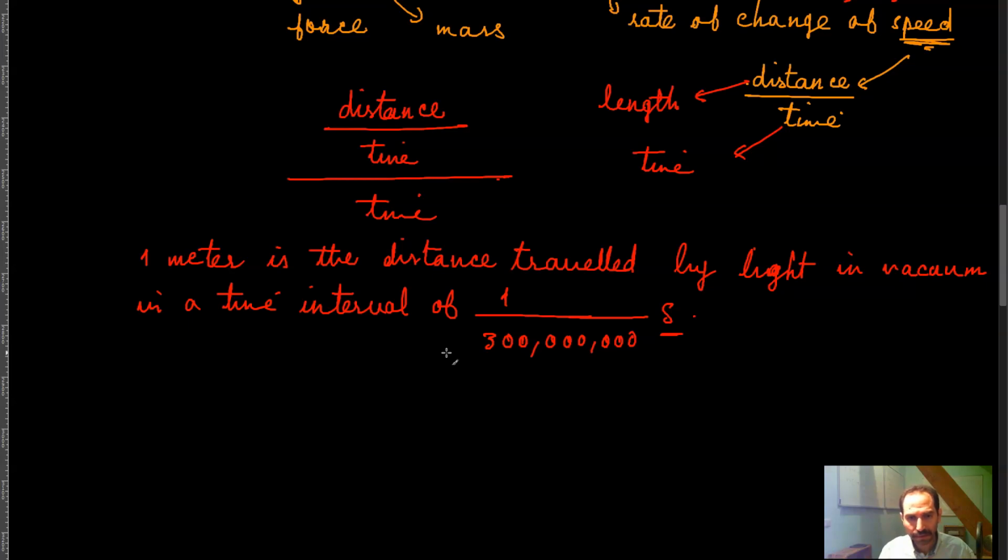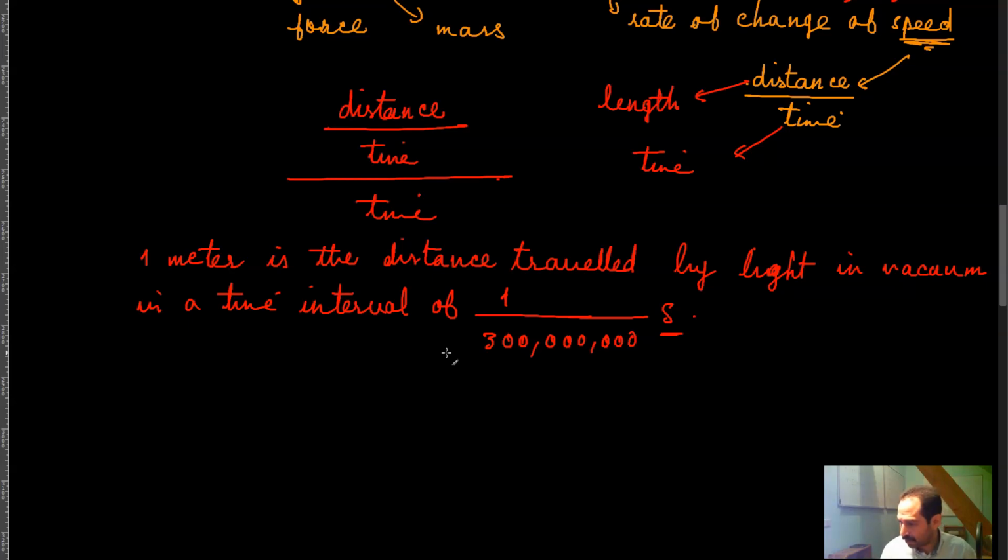But if you say that, for example, 1 meter is the distance between the tip of one particular finger of mine all the way up to my elbow, then everybody should have access to my elbow and to my arm, which is not possible.